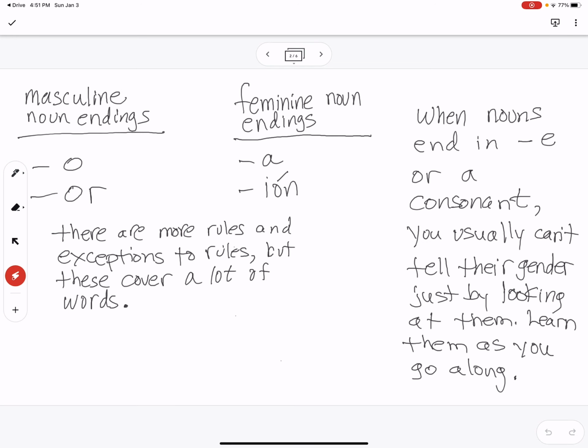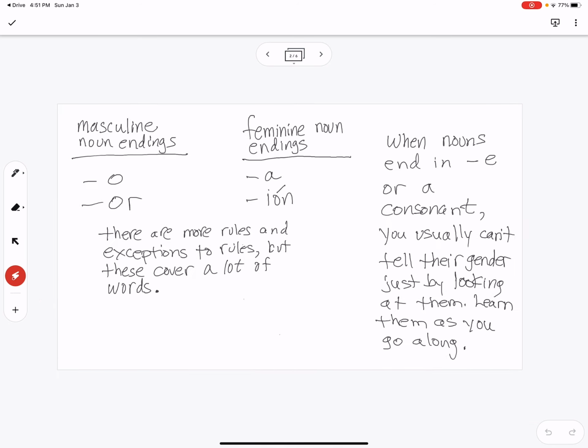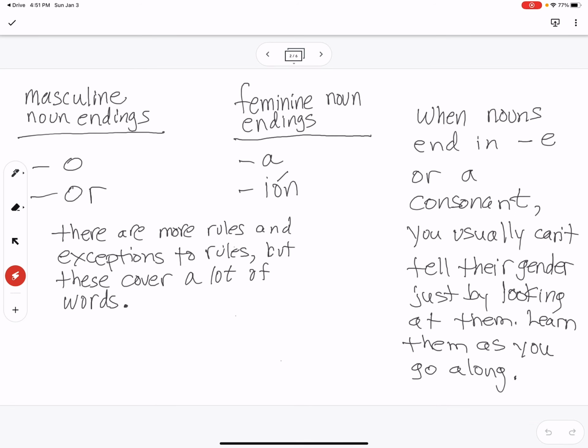For example, you know that a noun is masculine if it ends in an O, or if it ends in an OR. So, for example, if you were to see the Spanish word libro, libro ends in an O, so that tells you that it's masculine.